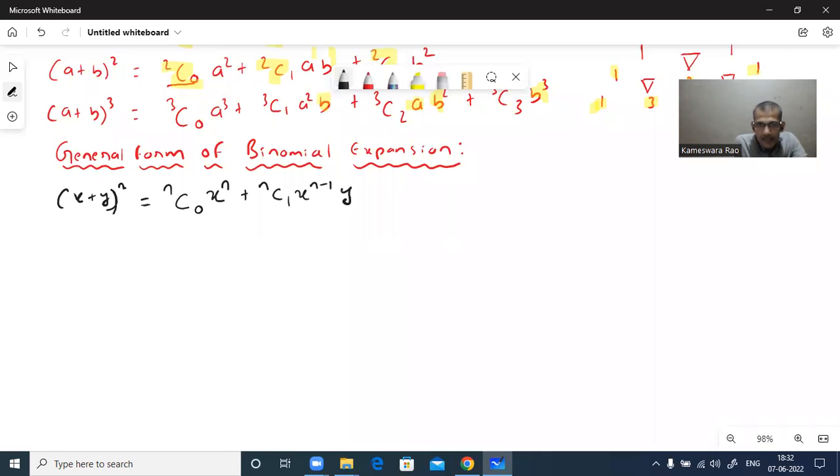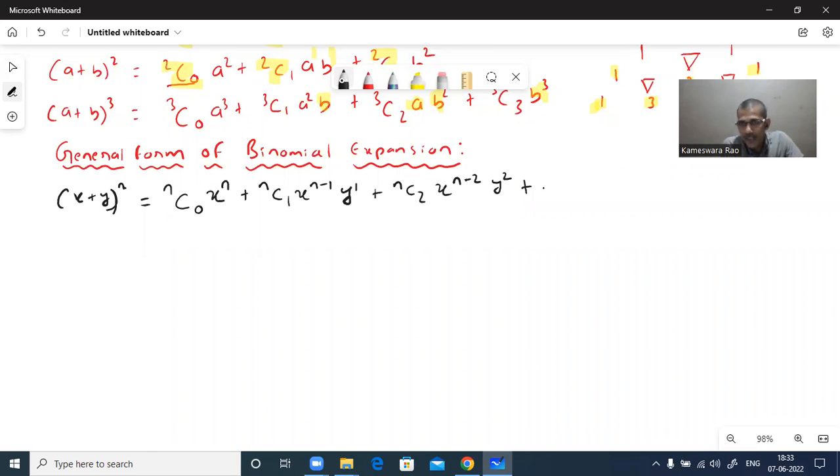Next y will come, y power 1 will come. Similarly, the third term will be nC2. The x index will be n minus 2 and the y index will be y square. If you add the indices, n minus 2 plus 2, it is n only. Each term's degree will be n only, that we have observed.